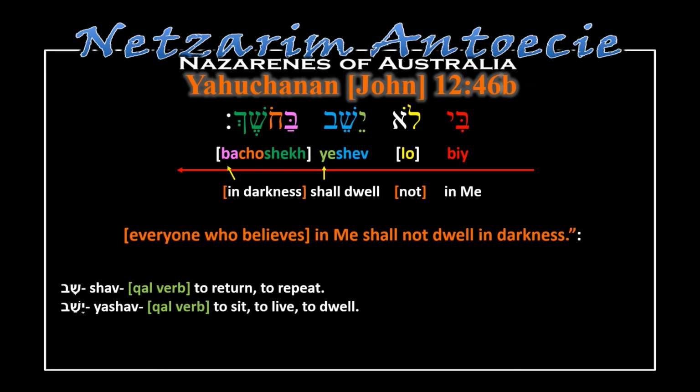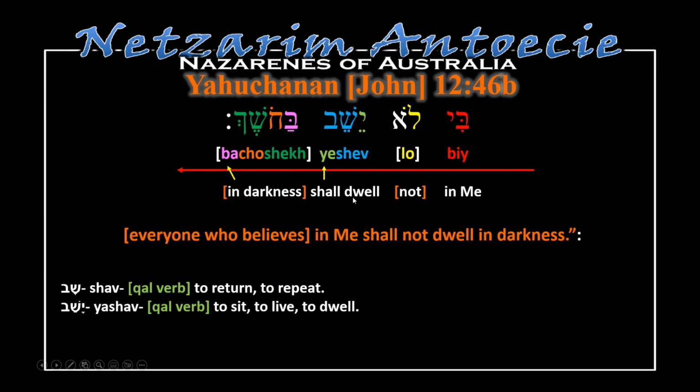So now we come to the letters of part B, and it is a bayet, a yod, lamed, aleph, yod, shin, vayet, bayet, chet, shin, kaf sofit. And we have B, because this is an I sound, right? B, in me. Lo, not.